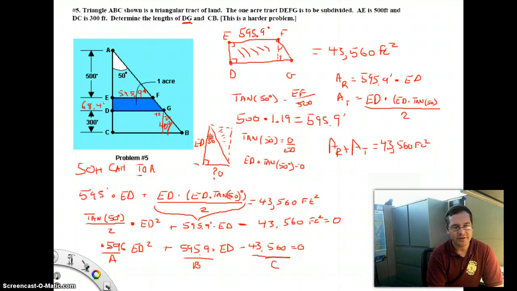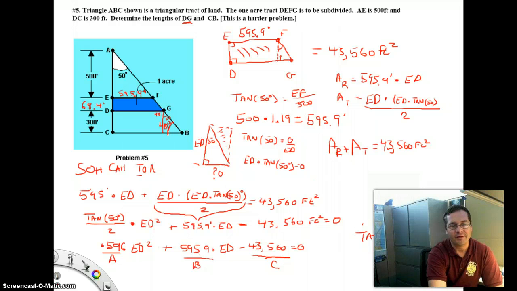And now that we know side ED of this triangle, we can find this opposite side. So again, it's going to be a tangent function. Tangent 50 equals opposite over adjacent. So opposite's what we're trying to find. We now know that the adjacent side is 68.4 feet. So the opposite side is going to equal 68.4 times tangent of 50.